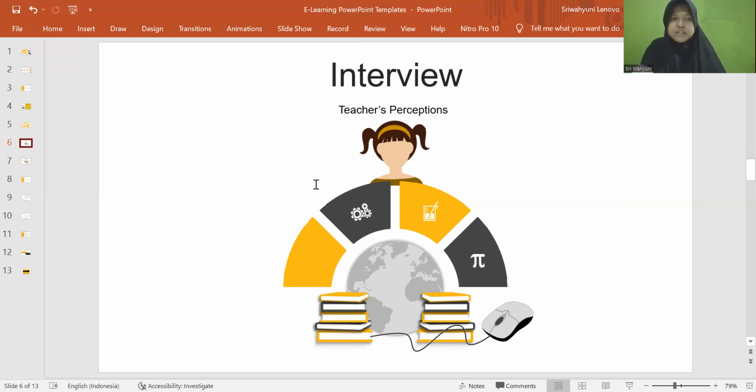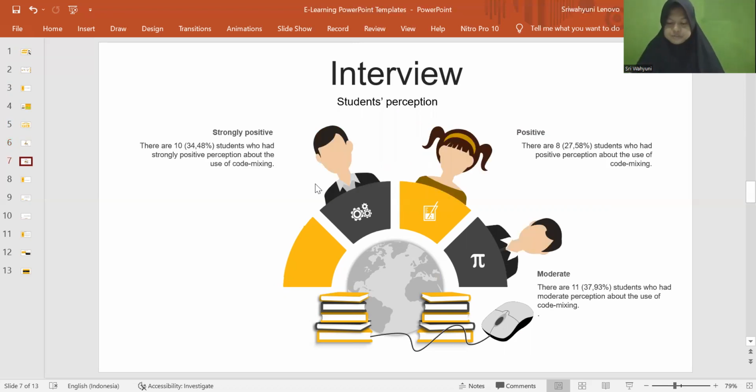Students' perceptions. The first one is strongly positive. There are 10, or 34.48%, students who have a strongly positive perception about the use of code mixing by the teacher, and they said that the use of Indonesian in teaching English plays a very important role for them.